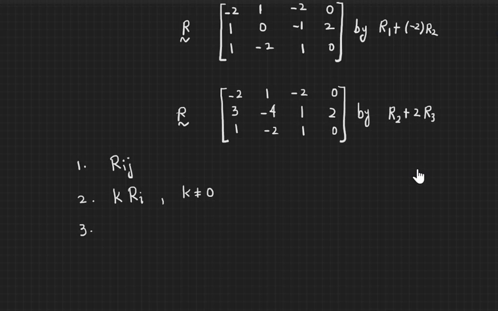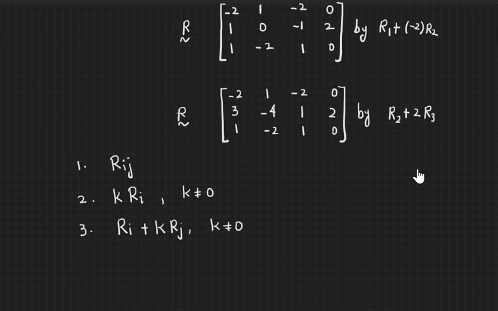We can replace the ith row by the sum of itself plus a scalar multiple of any other row, where k should not be equal to 0. So we can interchange any two rows, we can multiply any row with a non-zero scalar, and we can replace any row by the sum of itself and a scalar multiple of any other row.